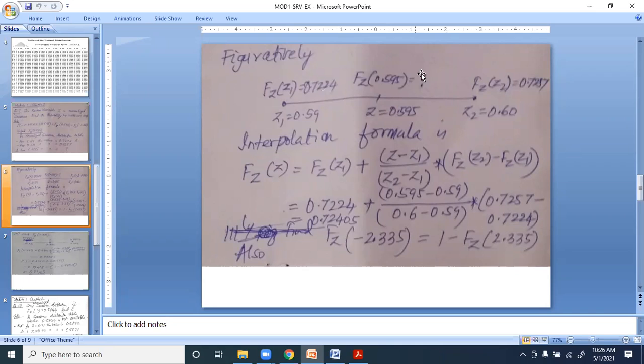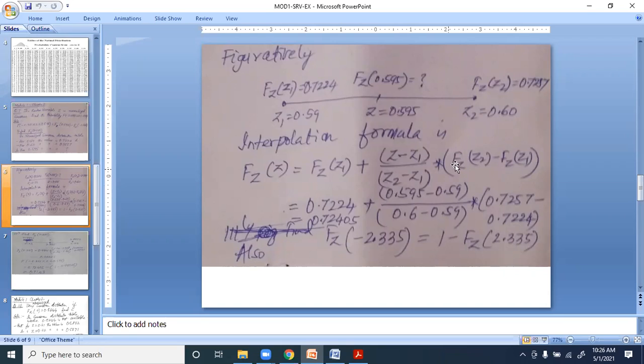So once we know that, I can find this by interpolation. The formula for interpolation is F_Z(z) equals F_Z(z1) plus (z minus z1) by (z2 minus z1) multiplied by F_Z(z2) minus F_Z(z1). So what is the value of z? It is this. What is the value of z1? It is this.